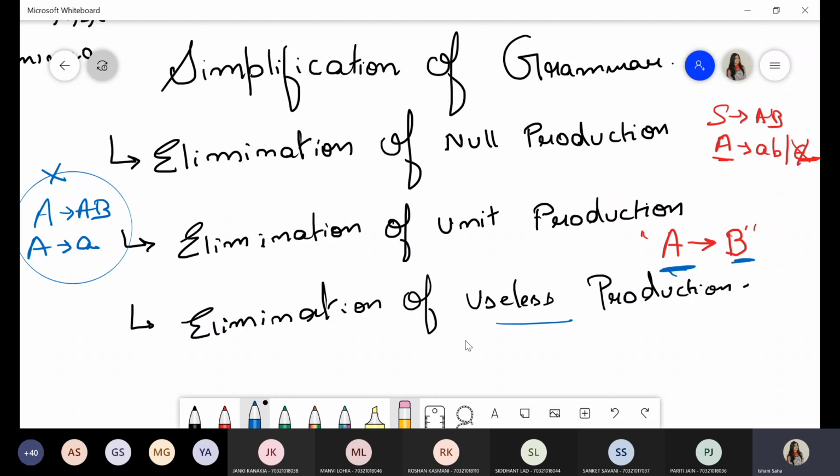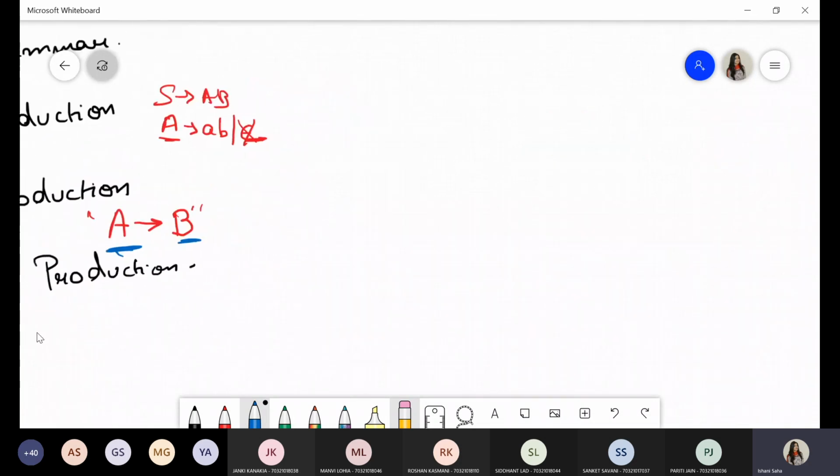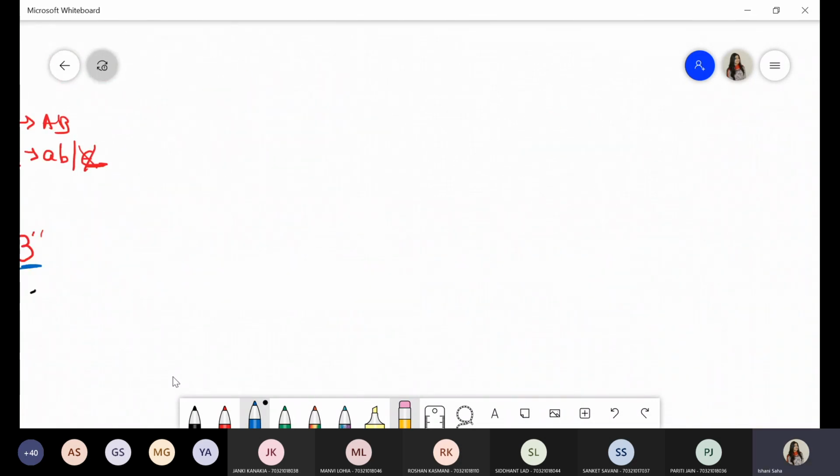Okay, now we'll start with the process of elimination of null productions. So I'll let you know the method and then we'll take some examples. So directly I won't take the question.